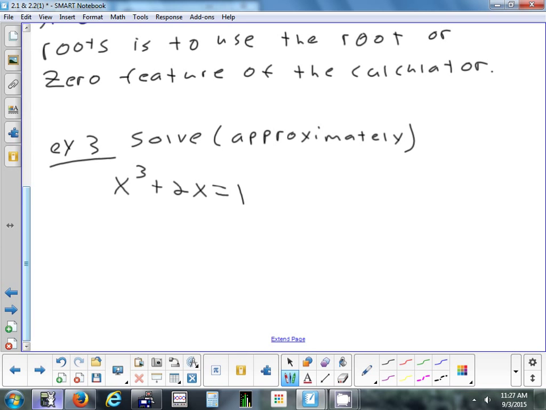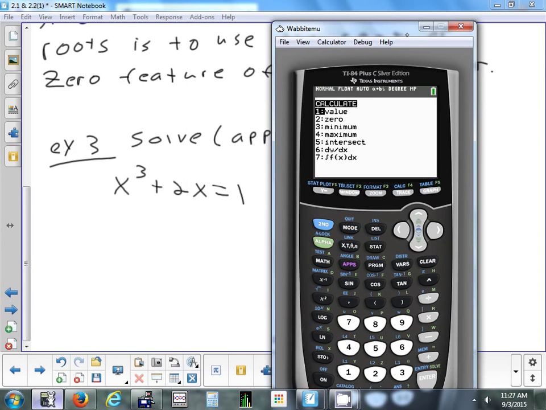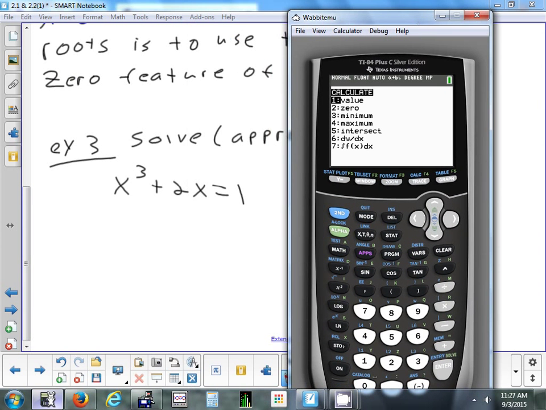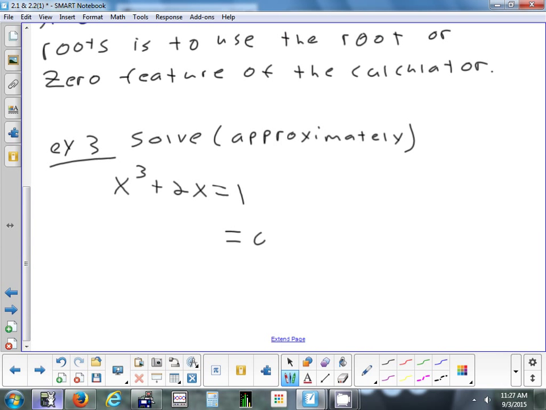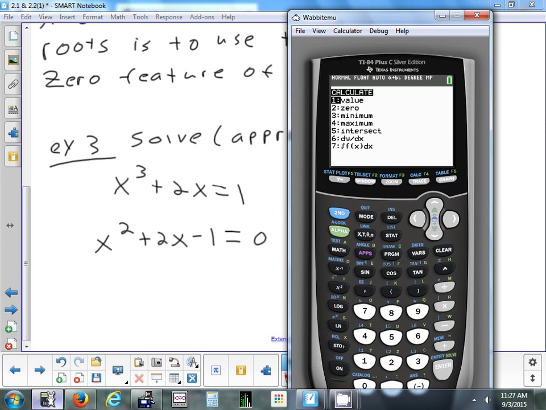All right, so Jacob, how do you want to do this one? Do you want to do this one just the way it is and see where two things cross? Or bring everything to one side, so you have 0 on one side? You want to put it on one side? Yeah. All right. So you have x cubed plus 2x. What would be on the other side there? Minus 1. Okay, so he chose to move everything to one side.